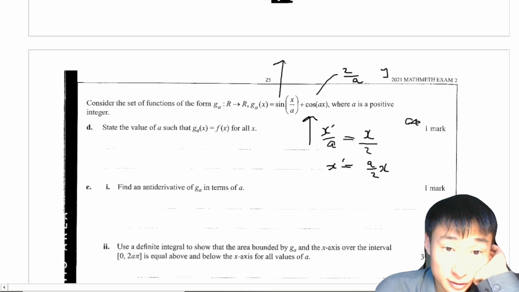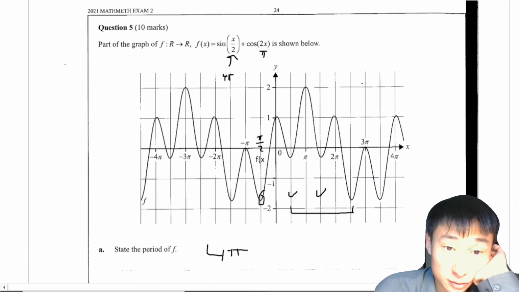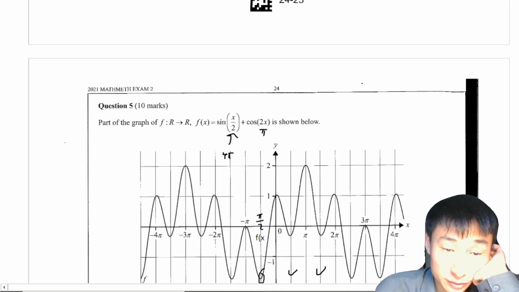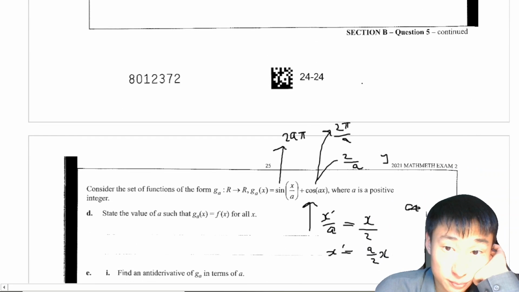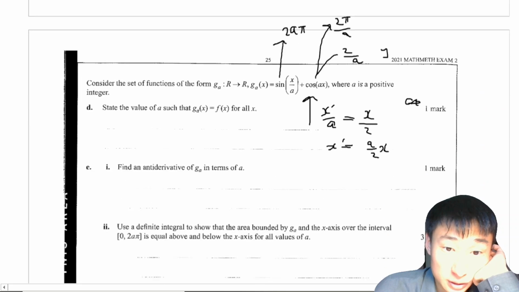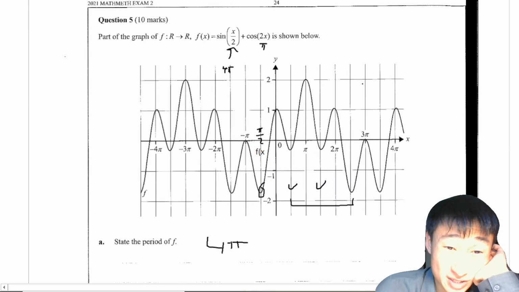What's this period here? The period of this graph is 2a pi, and the period of this graph is 2 pi over a. So in order for the graphs to be the same, the periods have to be the same.